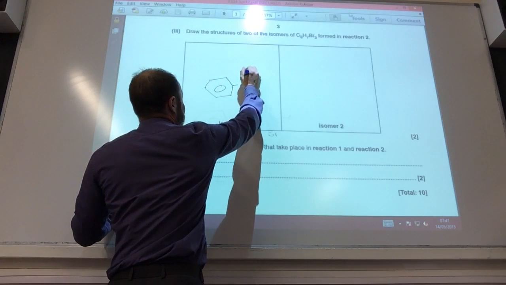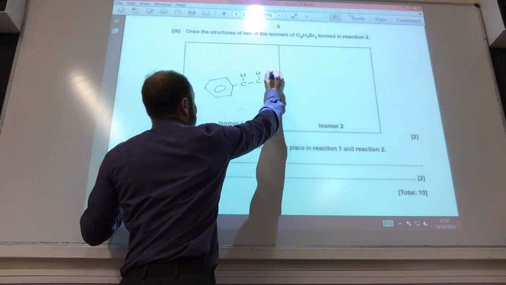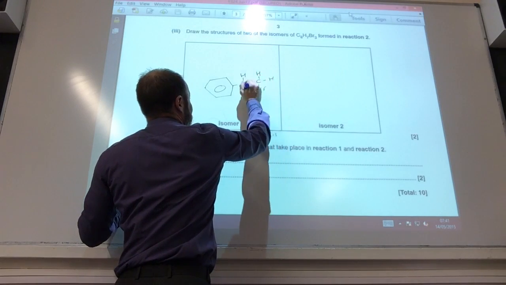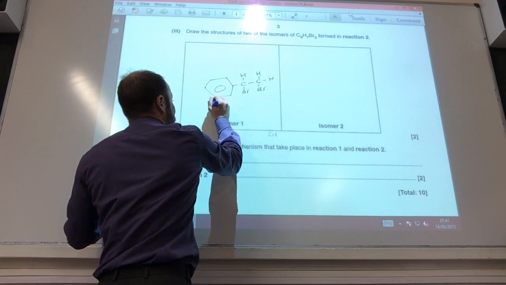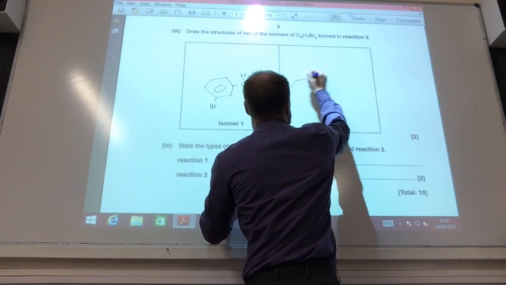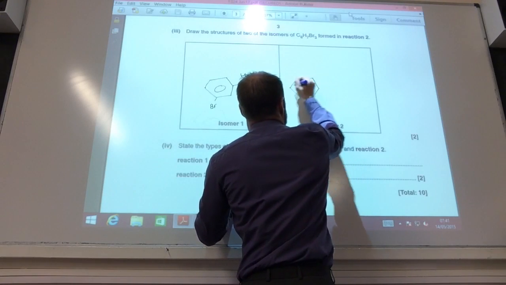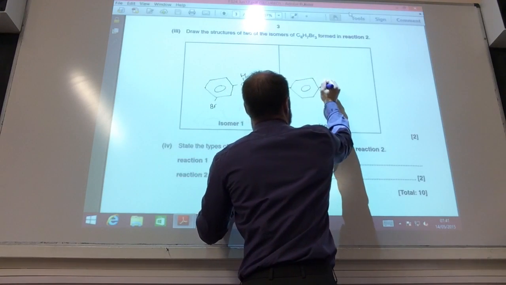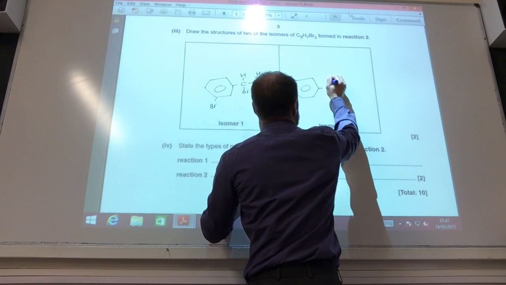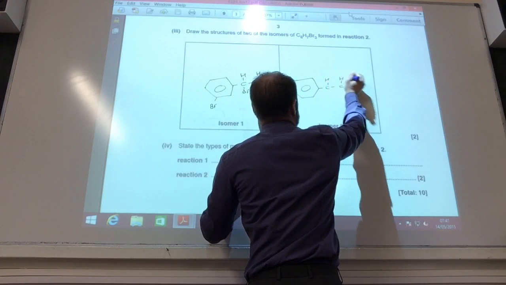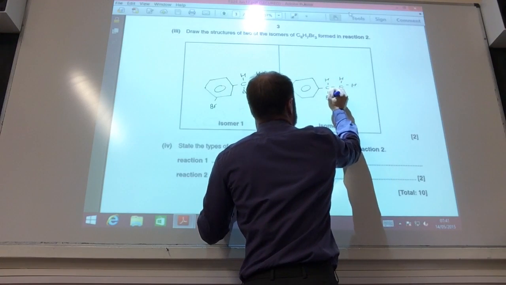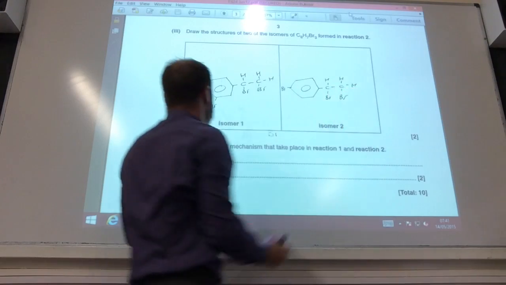So this is what I had from my last reaction. I can put a bromine there for one isomer, and I could also put a bromine there for my other isomer, like so.